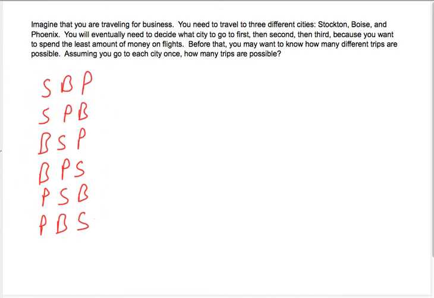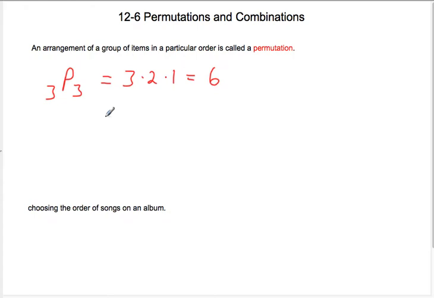Now if we had 4 cities, it would be 4P4. So if we were going to 4 different cities, we would solve that by doing 4 times 3 times 2 times 1, and like I said, that's going to equal 24.